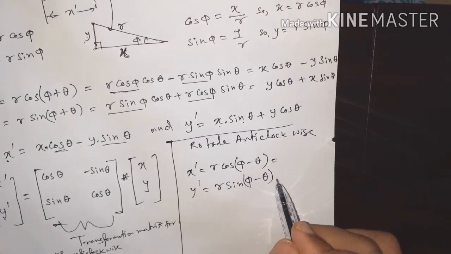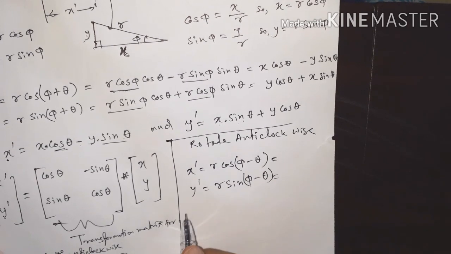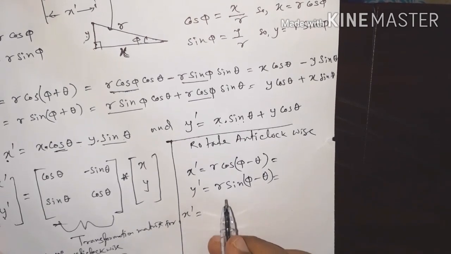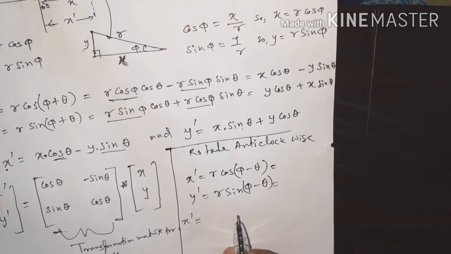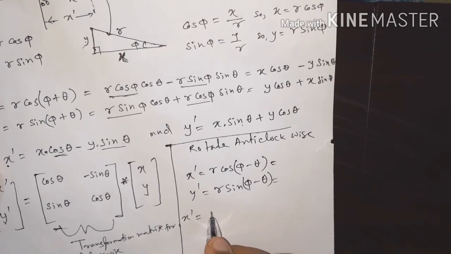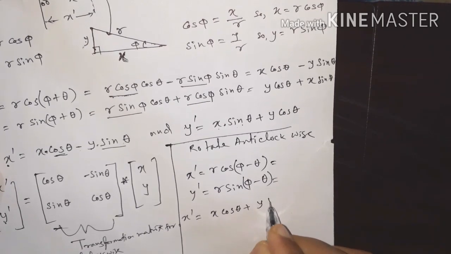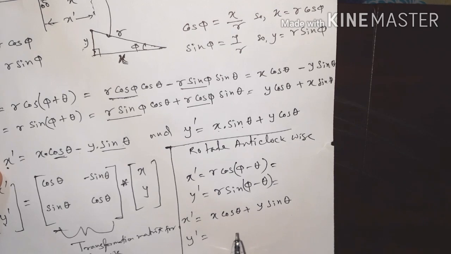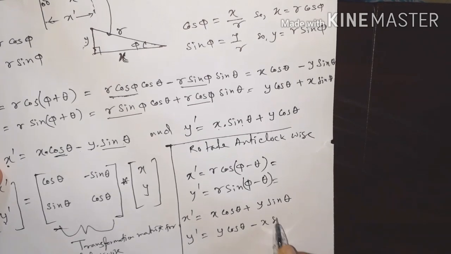If I derive both equations, we will get x prime equal to x cos theta plus y sin theta, and y prime equal to y cos theta minus x sin theta.